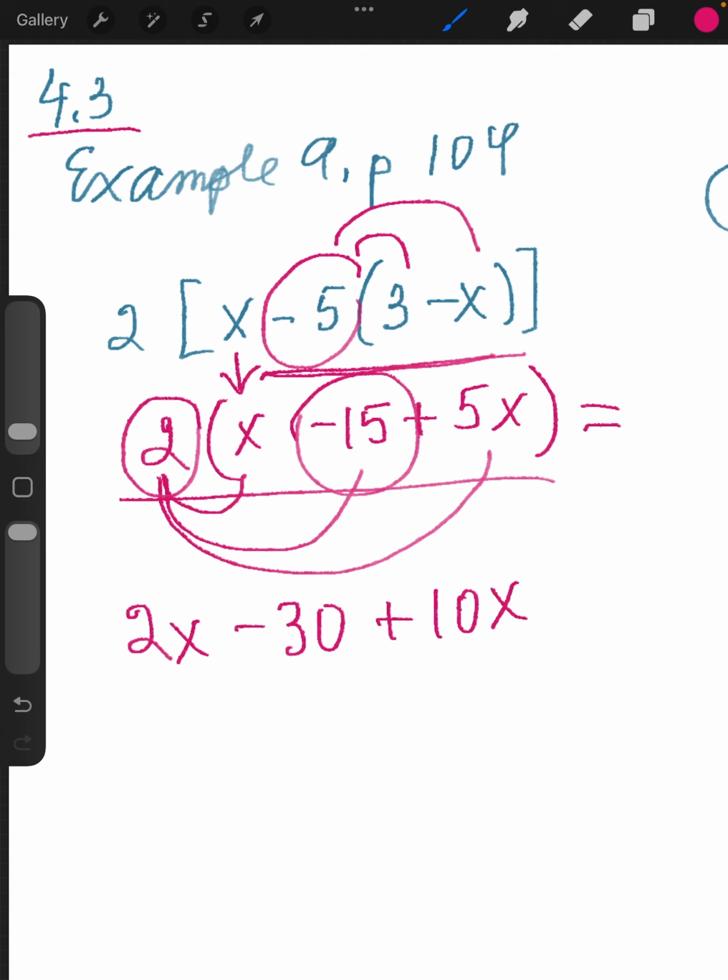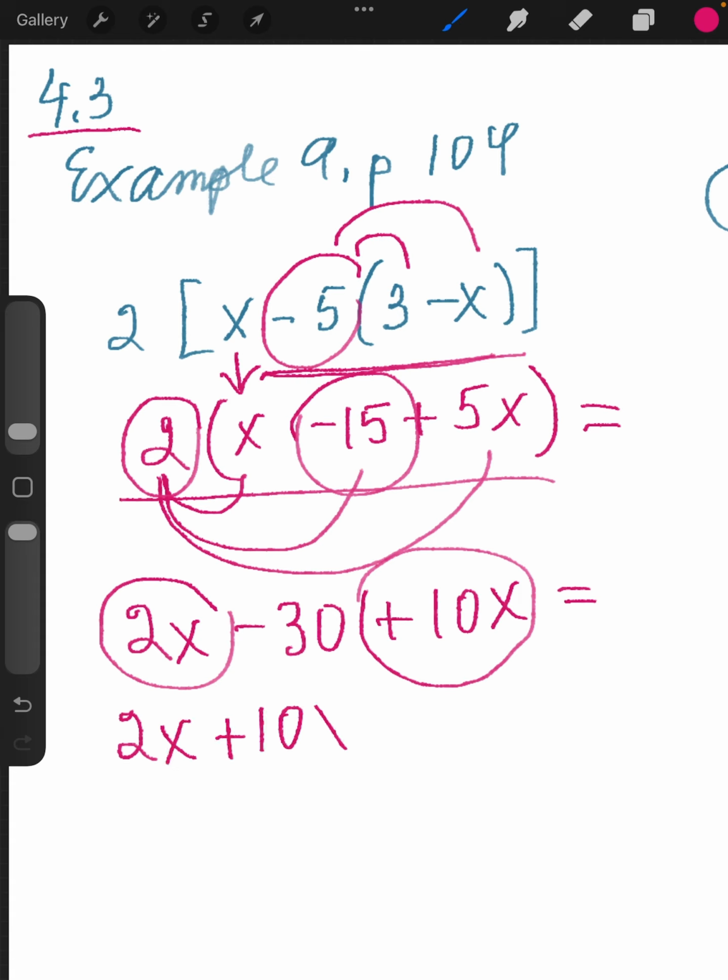And then plus 10x. Then you will remember we like to put our like terms close together, even though I know you already see what to do with them, but please humor me on this one. We will avoid a lot of mistakes in the future if we do this.